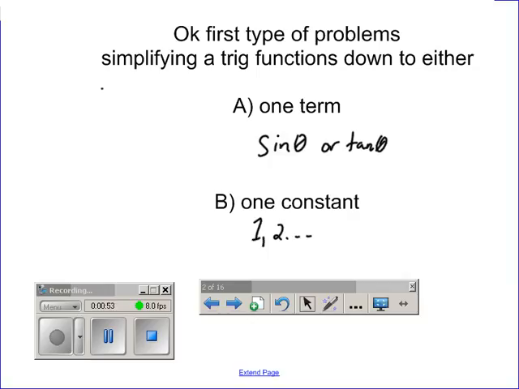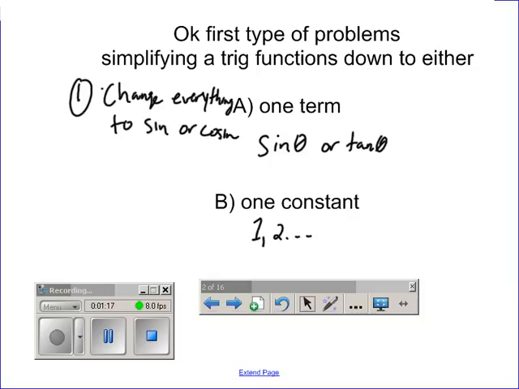Now to do this, remember we had those 5 tools we used. One being change everything to sines and cosines, so we can simplify.